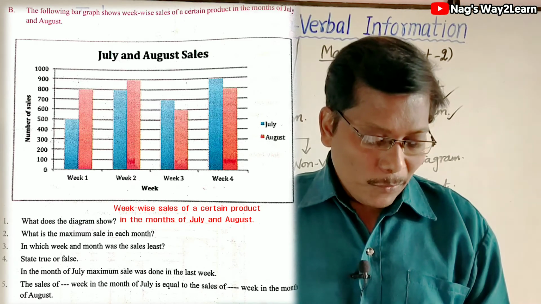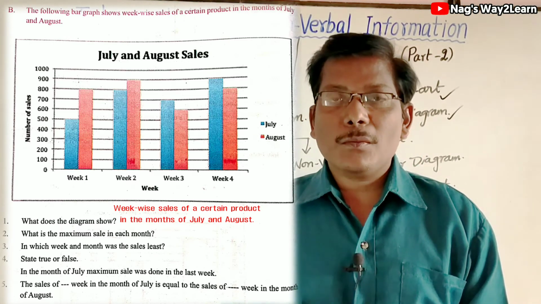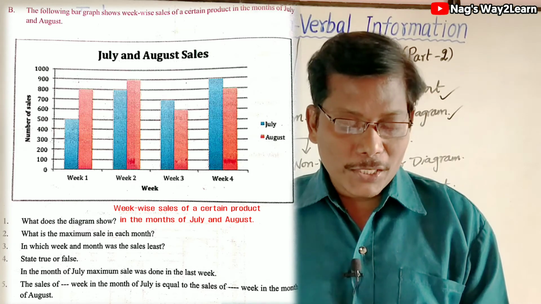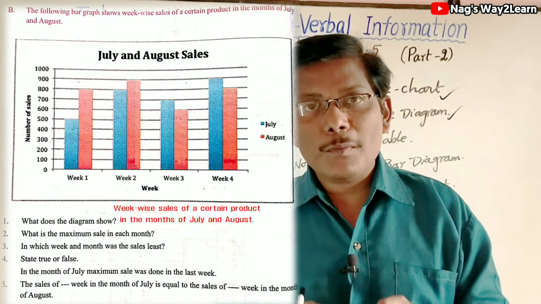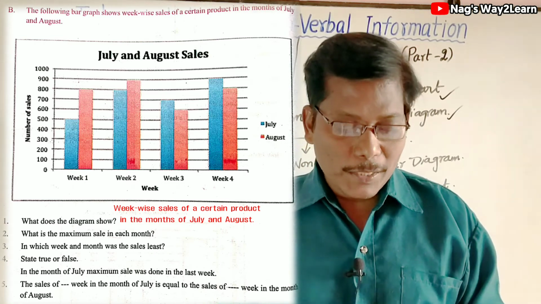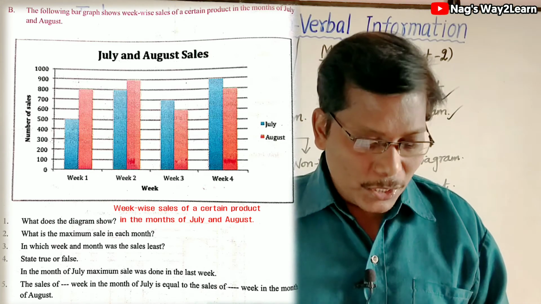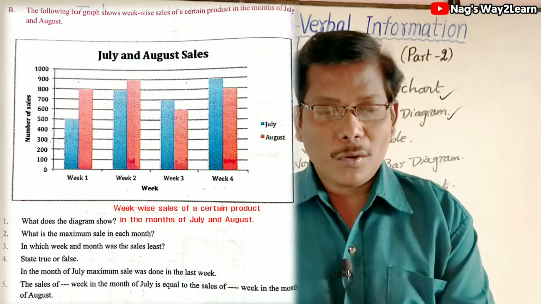Second question, what is the maximum sale in each month? Each month means in July and in August. Now we need to find the maximum number of sales in July and in August. That means in blue color, what is the maximum value? In blue color the maximum value is 900, obviously.